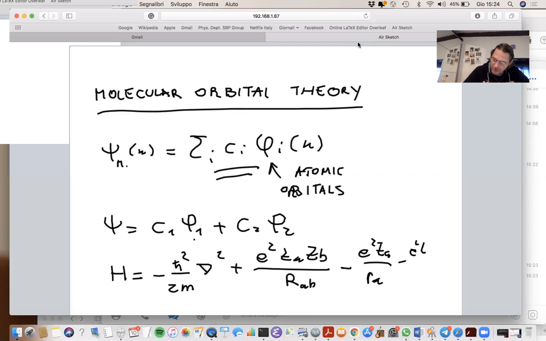And of course, this attraction may be different because they have different charges. The electron may be married to atom A, large charge, and just engaged to atom B. So one will eventually have to do these calculations of computing the matrix element of the Hamiltonian between different orbitals.